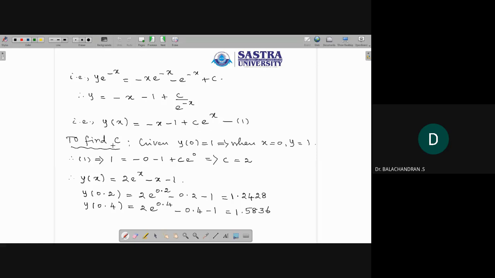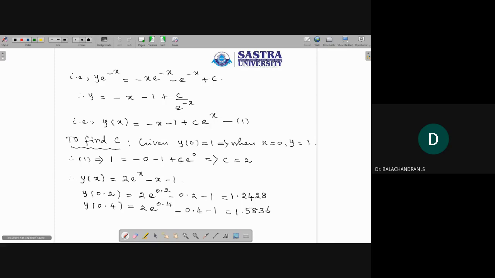To find the value of C, I am going to use the initial condition given in the question. So what is the initial condition? Y of 0 equal to 1. Means when x is equal to 0, y is 1. So y equal to 1, here x is equal to 0, minus 1 plus C e power 0. So e power 0 is 1.